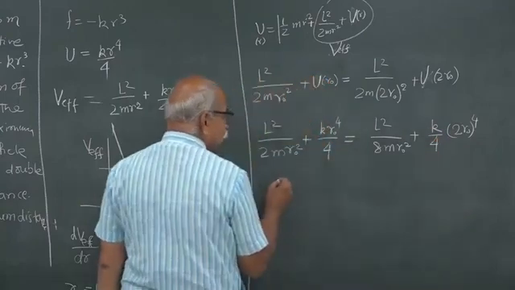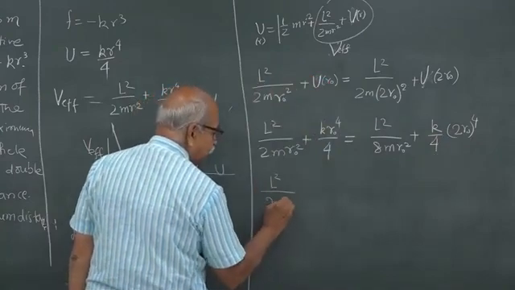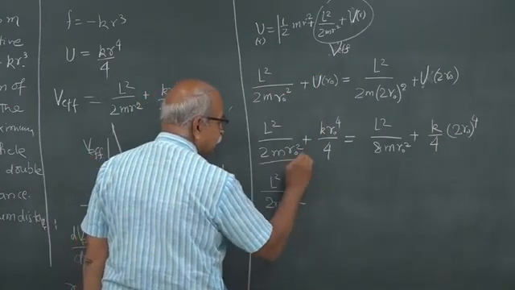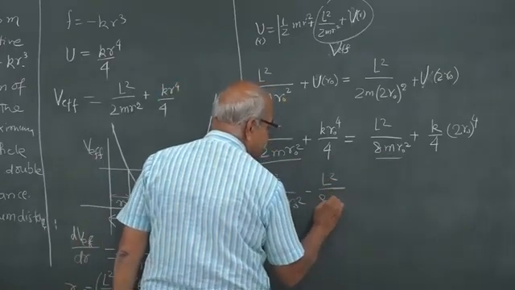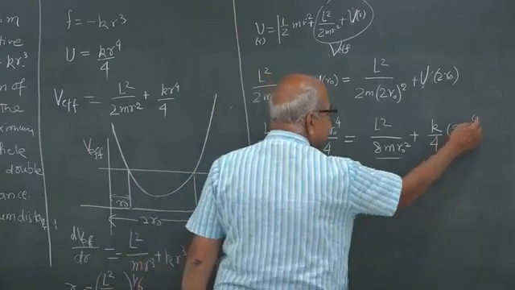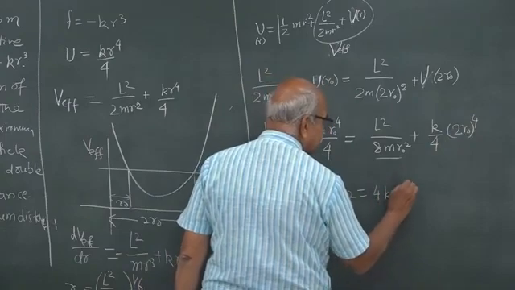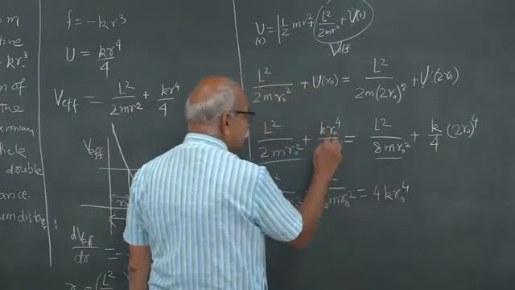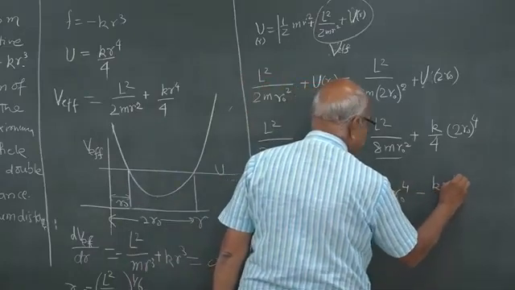I have L square by 2 m r naught square minus L square by 8 m r naught square is equal to 4 k r naught to the power 4 minus k r naught to the power 4 by 4.